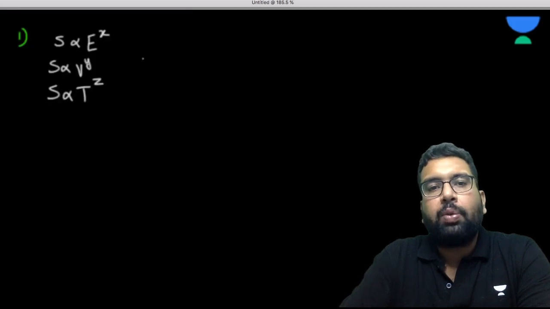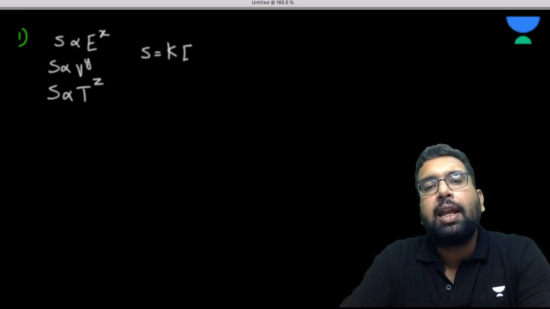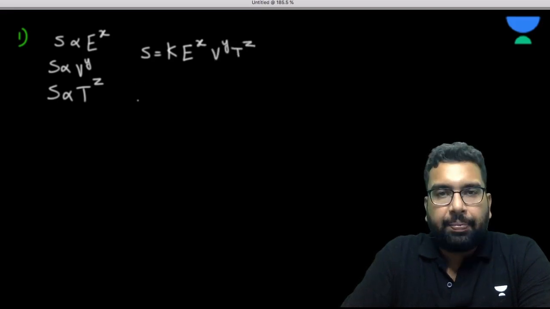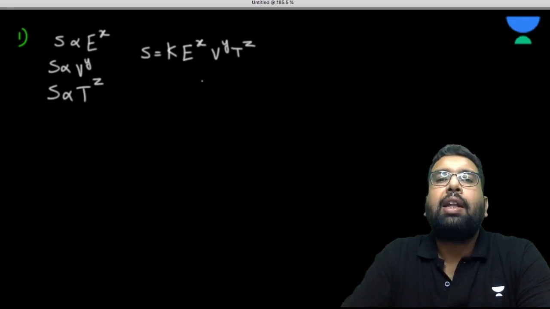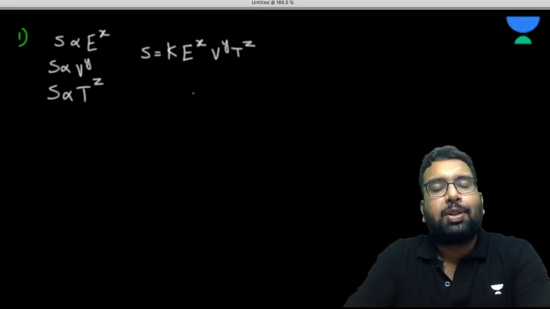If I write all of them together, I can have a constant of proportionality, and this is going to be E to the power x, V to the power y, and T to the power z. We can have the dimensions on both the sides, as we have learned to do.